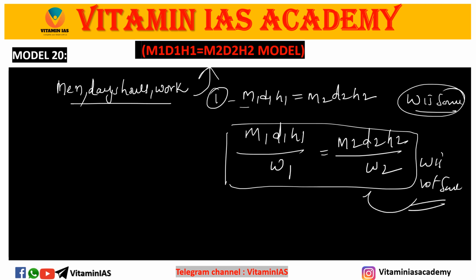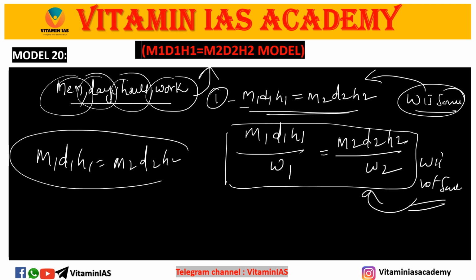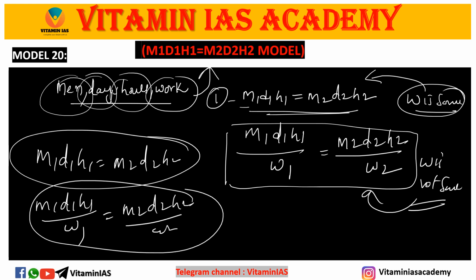If the work is not the same, then use this formula; if the work is the same, then the formula is M1 D1 H1 is equal to M2 D2 H2. This is one formula, and M1 D1 H1 by W1 is equal to M2 D2 H2 by W2 is another formula.